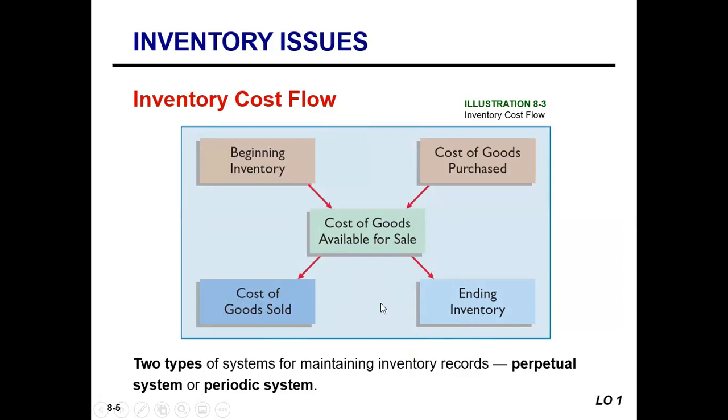Just like your book talks about, the two main types of inventory systems are the perpetual system and the periodic system. The perpetual system is the inventory system that is really being perpetually updated, if you will. So updated after every purchase and every sale. And this is what we talked about with a merchandising company.